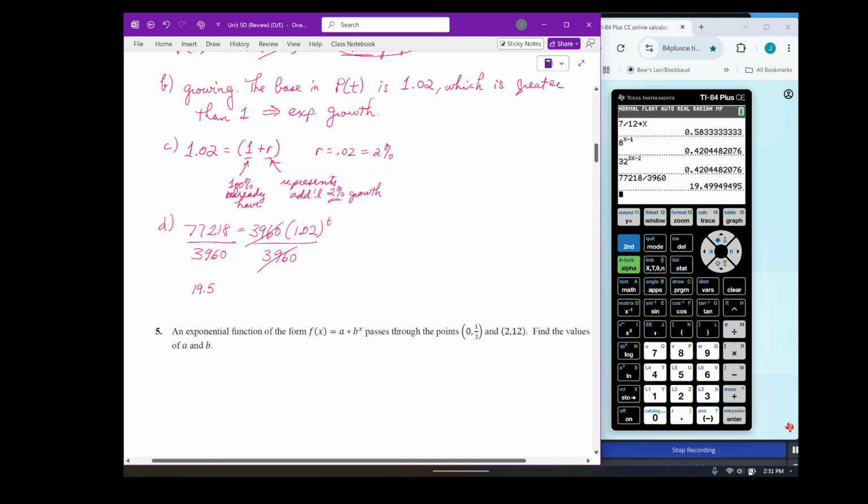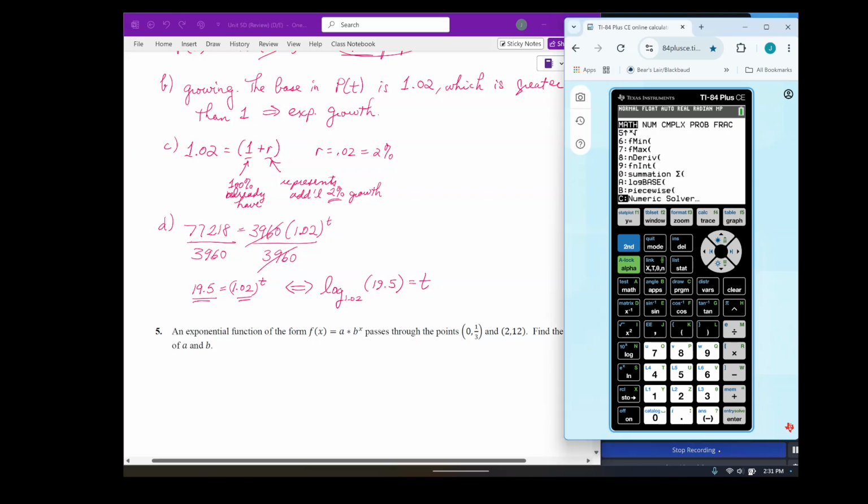I'm going to just round it to that, but I'll use the long decimal from the calculator. Equals 1.02 to the t. And now I can convert to log form. So it's log base 1.02 of 19.5 equals t. And now I'll plug that into the calculator.